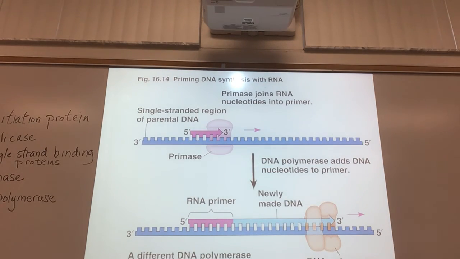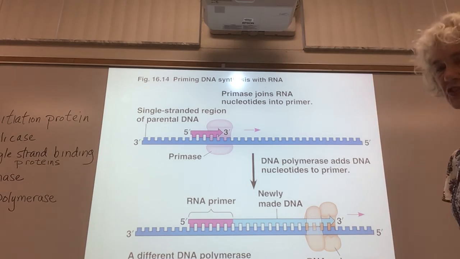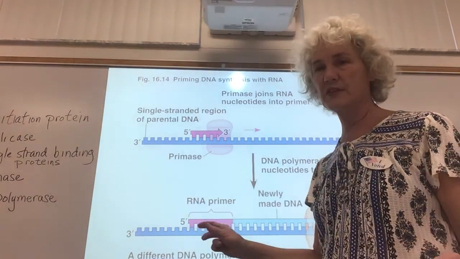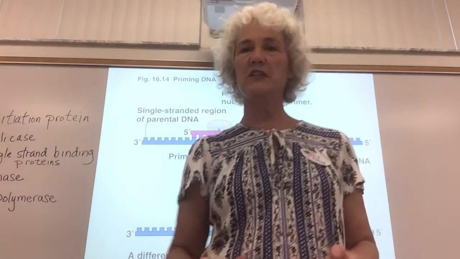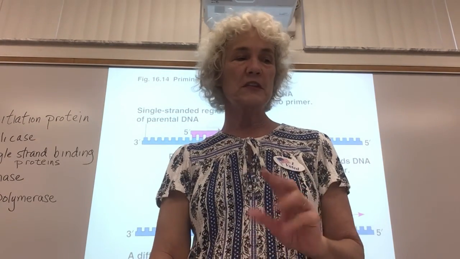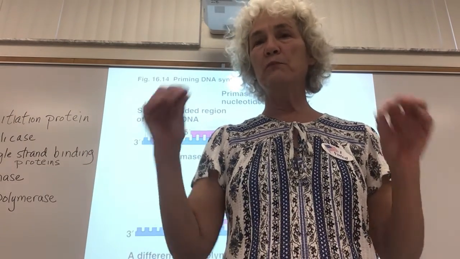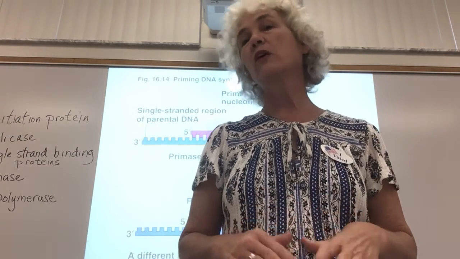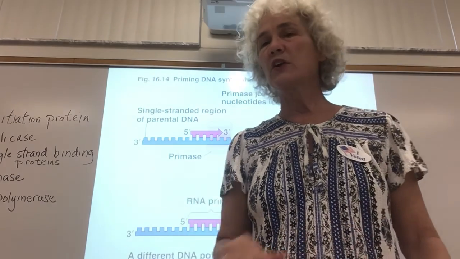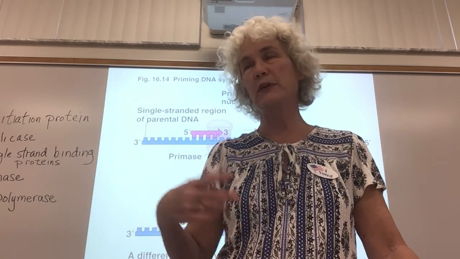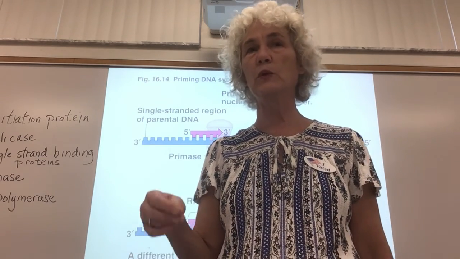So, first of all, let's just talk about how on the DNA, that has nothing to do with this overhead per se, so I'll just stand in front of it. The first thing that happens is on the DNA molecule, the bubble is started by something called an initiation protein. There are sequences on the DNA that will depict where the initiation protein will attach.